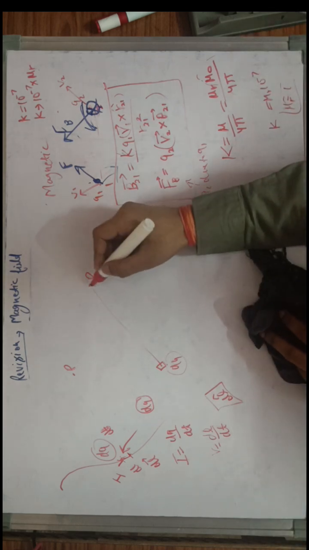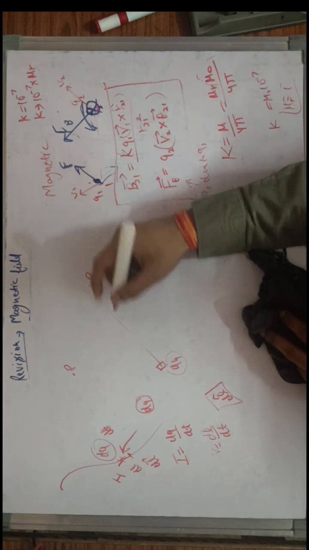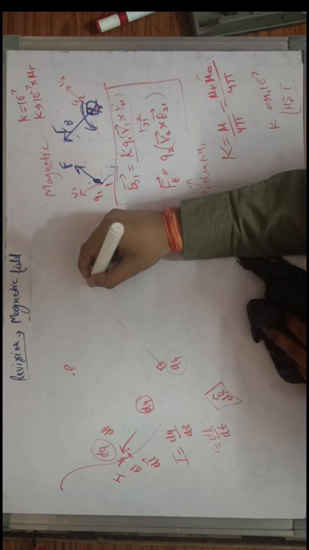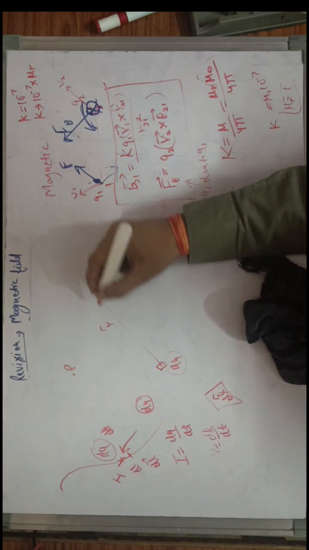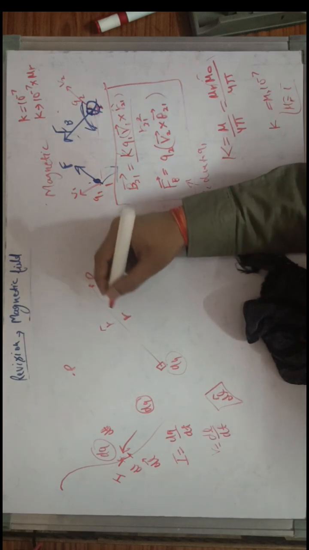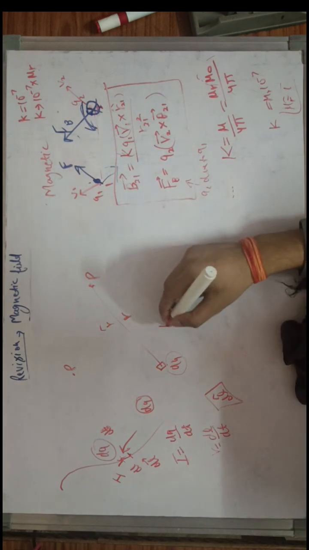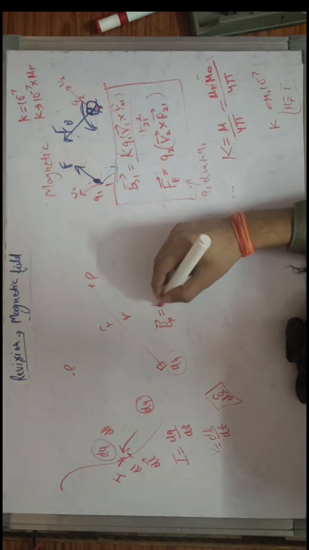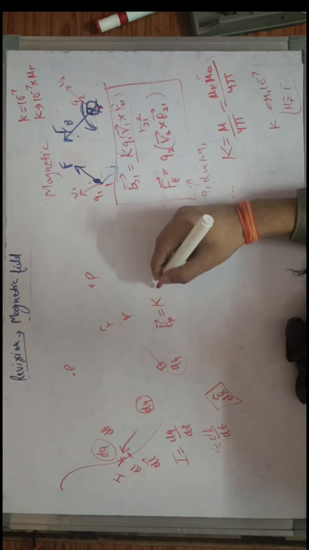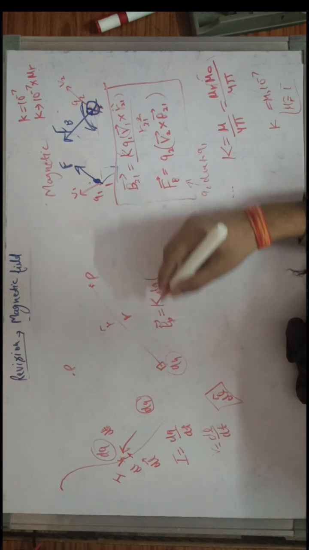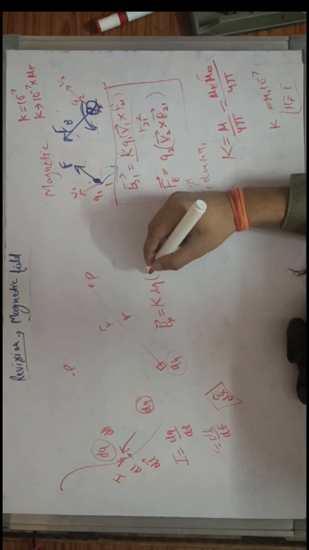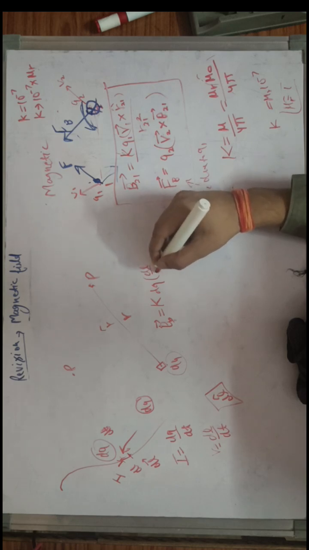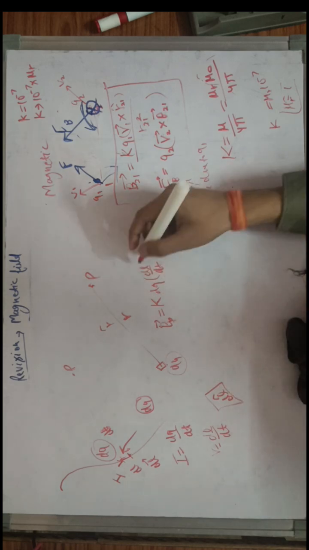Now for calculating the field at this point P, let's say this vector is r cap and the length is r. Then the magnetic field at this point P would be equal to k times this dq charge, times the velocity of this charge, which is dl by dt in the direction of dl cap.